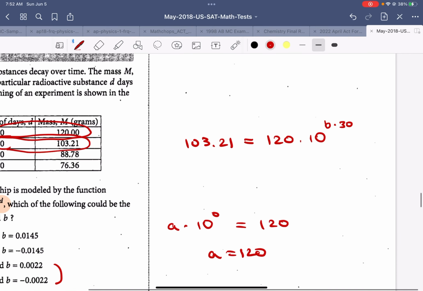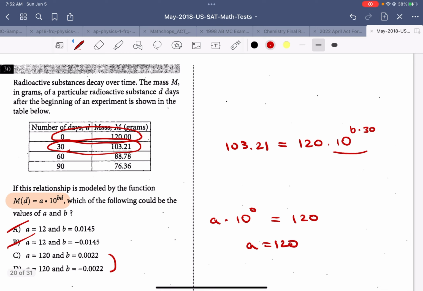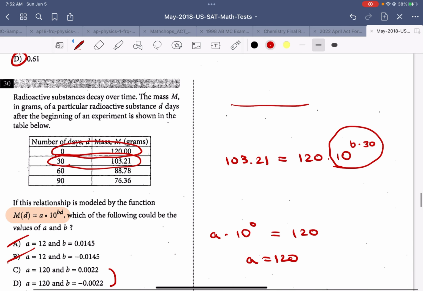So one thing we found here, if you remember the exponential graph, this is an exponential. As long as its base is greater than 1, then your graph looks like this.